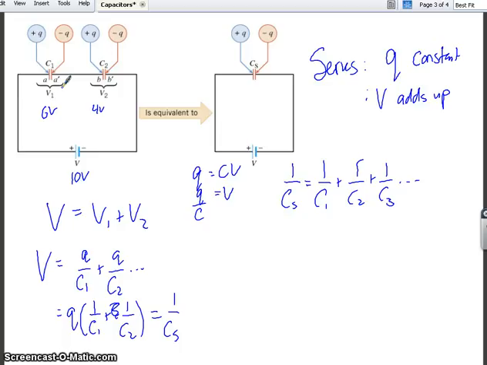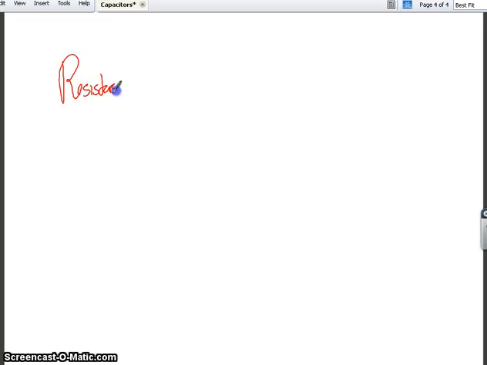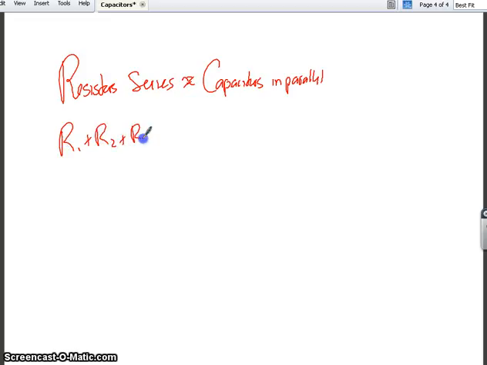So you're probably seeing a pattern here. Resistors in series is just like capacitors in parallel. Okay? R1 plus R2 plus R3 is kind of the same as C equals C1 plus C2 plus C3.